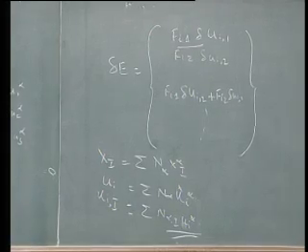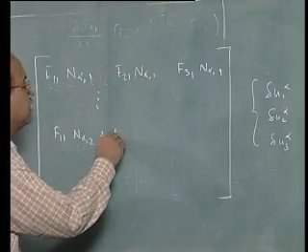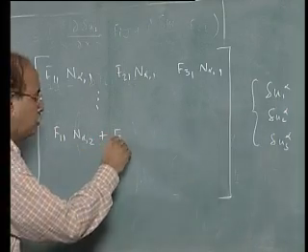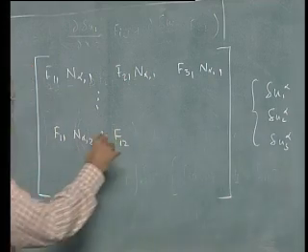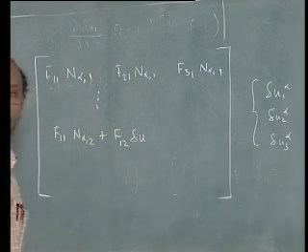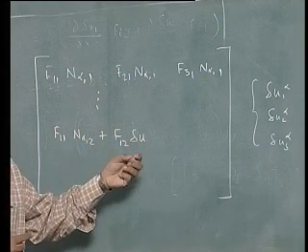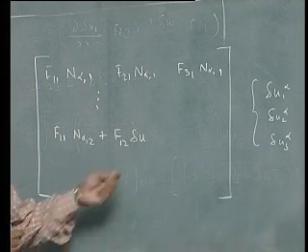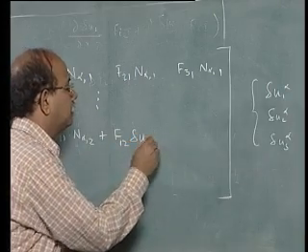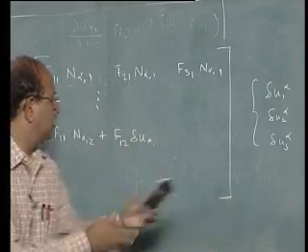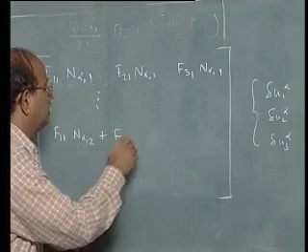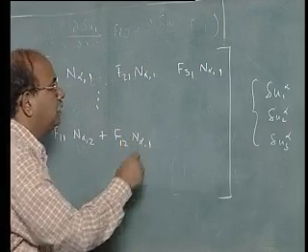So that will be plus F12 delta n alpha comma 1, okay, not delta u, n alpha comma 1.